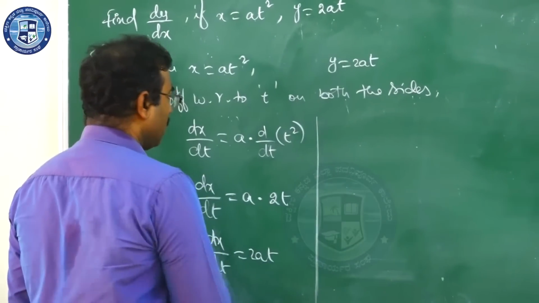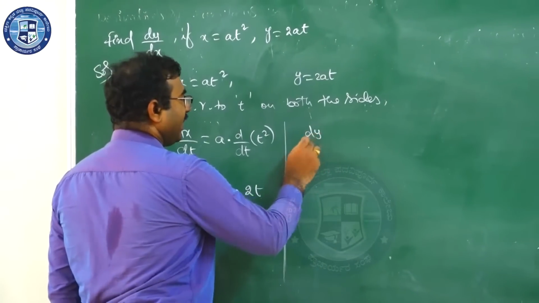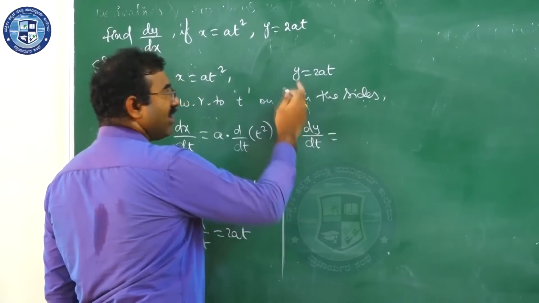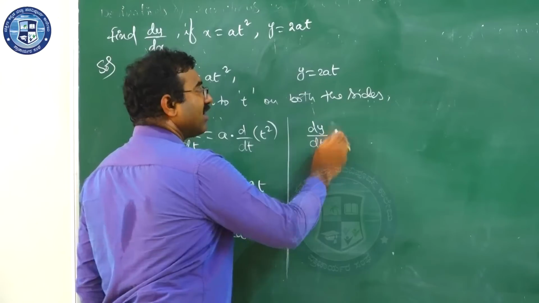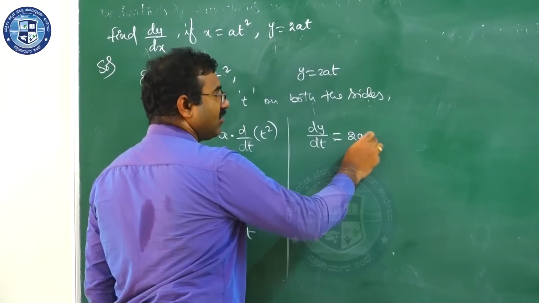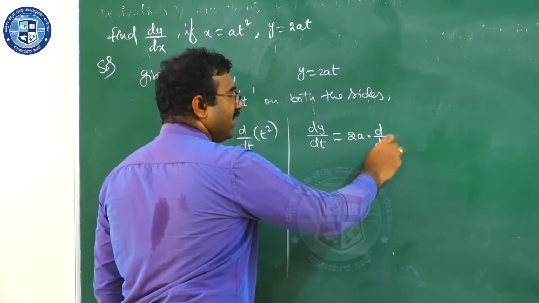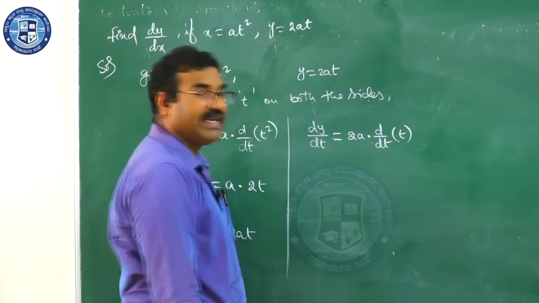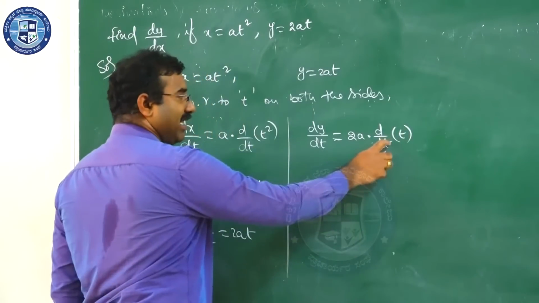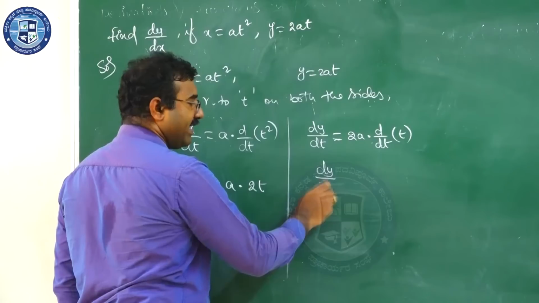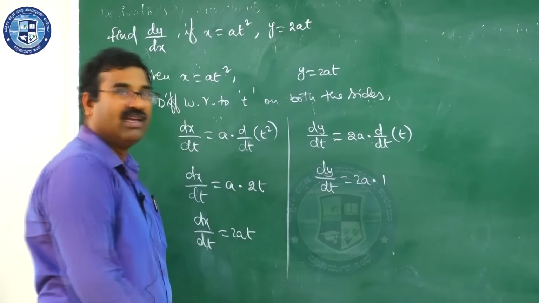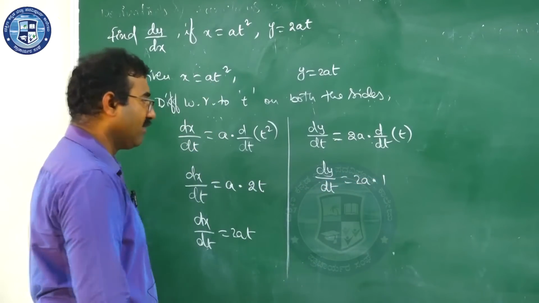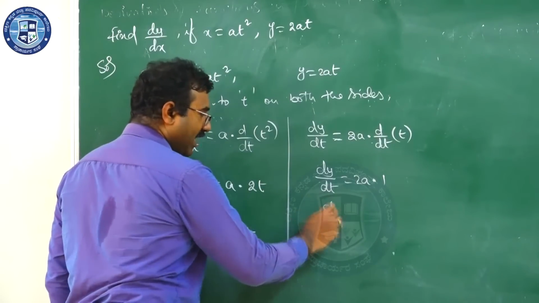And in this place, dy by dt is equal to, you are doing with respect to t now, 2a is a constant, so you can express it outside, 2a into d by dt of t. Its value is 1, just like d by dx of x is 1. So dy by dt is 2a now.